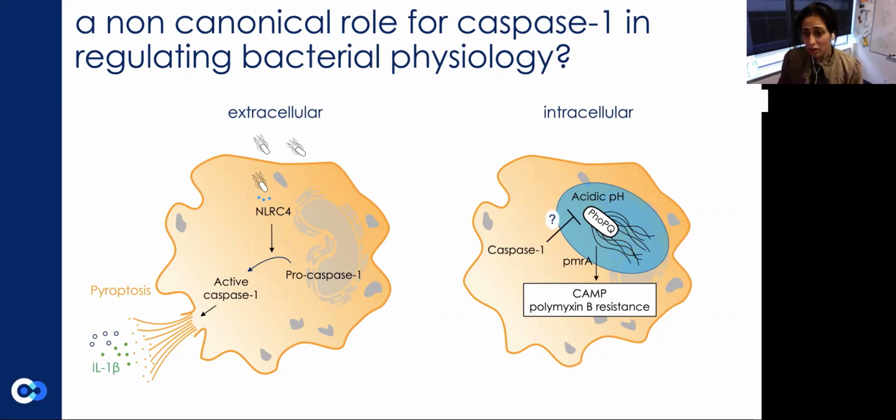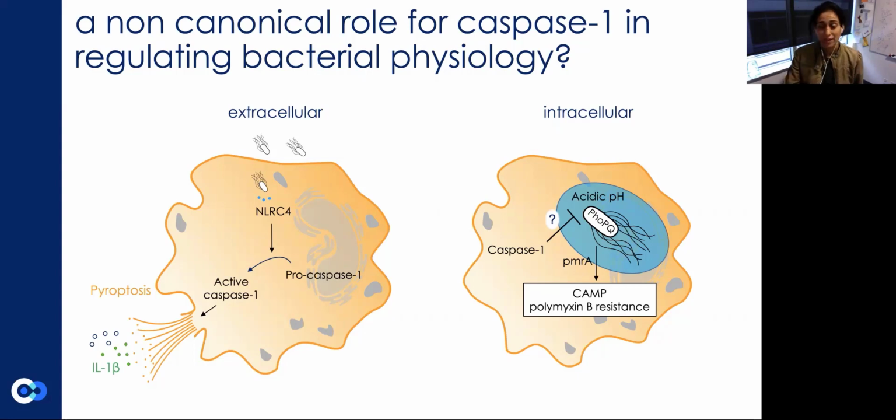We've normally thought of caspases as precursors that are poised to get activated in response to danger signals or pathogens, and most of the reported phenomena out there are dependent on caspase activity. So it appears from this data that there are other collateral functions for these inactive caspase precursors in regulating the physiology of intracellular bacteria.